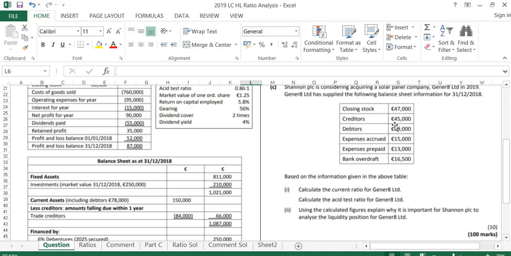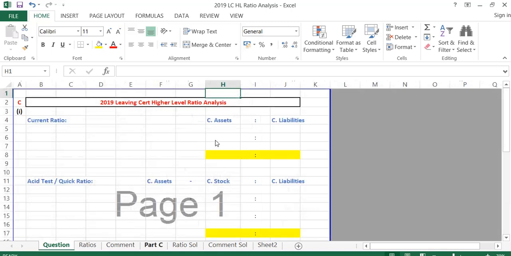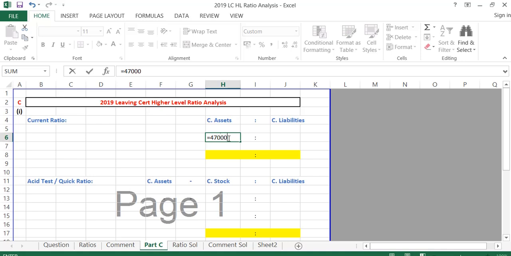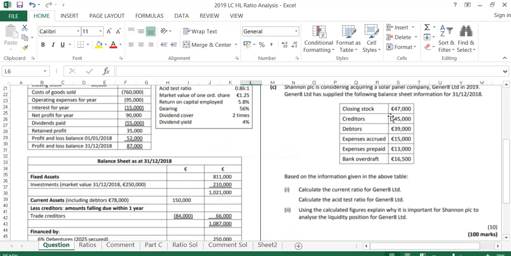So my current assets are going to be closing stock of 47, debtors 39, and expenses prepaid of 13. So 47, 39, and 13. And our liabilities are going to be 45 creditors, expenses due of 15, and bank overdraft of 16,500.